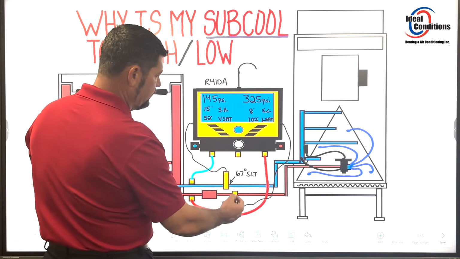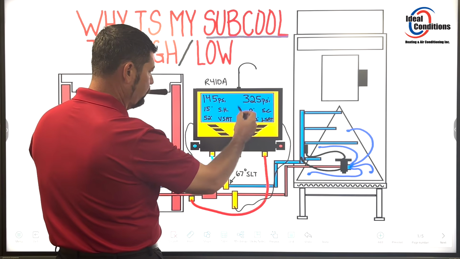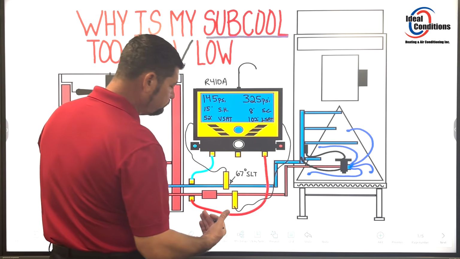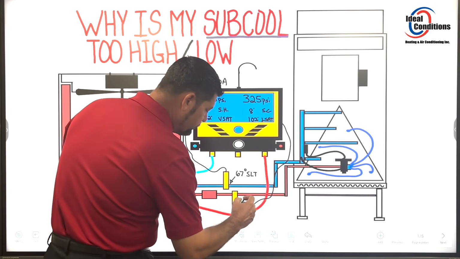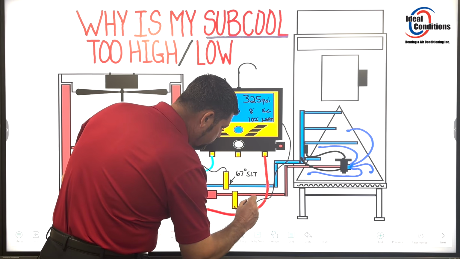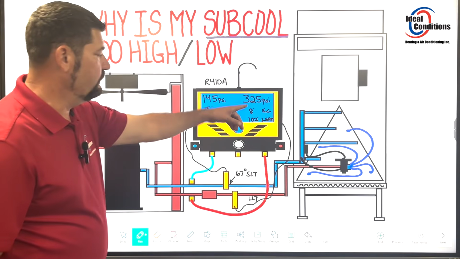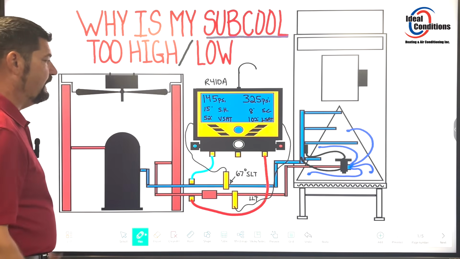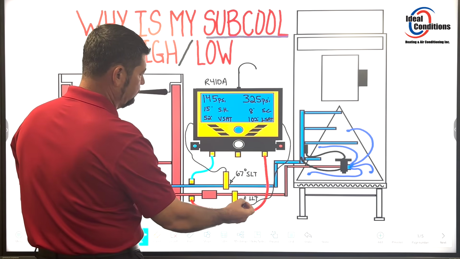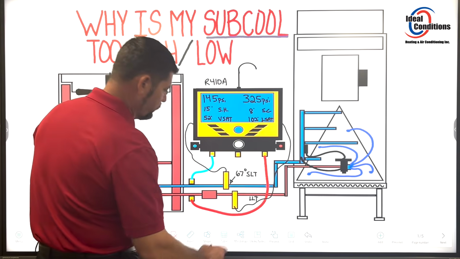And then right here, if I was at 102, which is the saturation point for 325 psi 410A, and my liquid line temperature, I'm just going to write over here, liquid line temperature, okay. For me to have 8 degrees there, then I would have to be 8 degrees cooler than this 102, which means when I clamp this line, I would have to be 94 degrees.